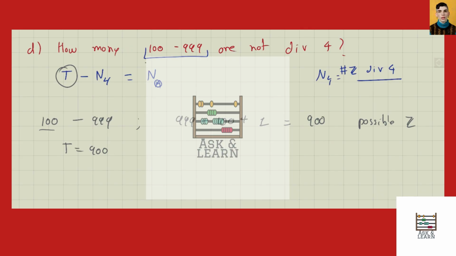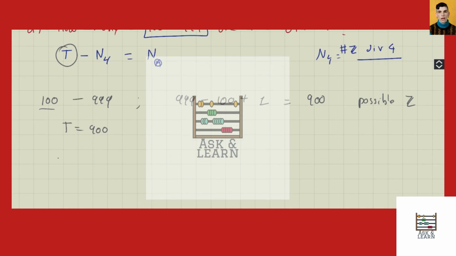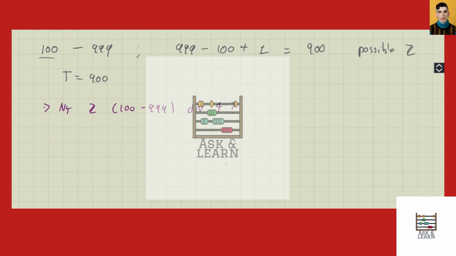And now we need to calculate all the numbers that are divisible by 4. Okay, so the integers on the interval 100 to 999 that are divisible by 4. In this case, we're going to proceed similarly as the first part of this exercise.